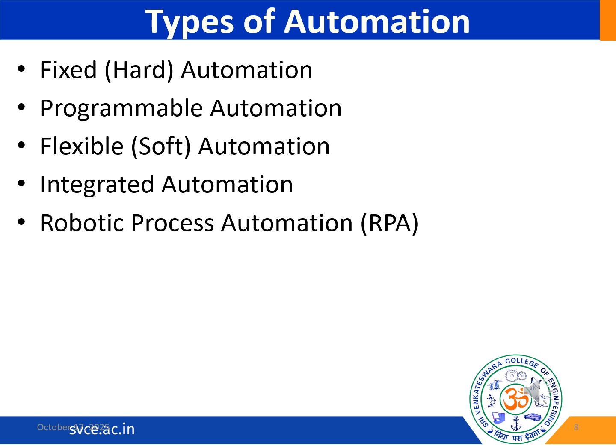First, fixed or hard automation, next programmable automation, third flexible or soft automation, fourth integrated automation, and finally robotic process automation.